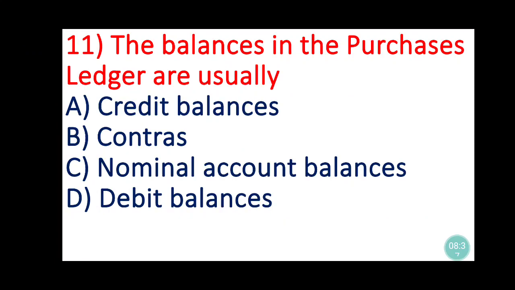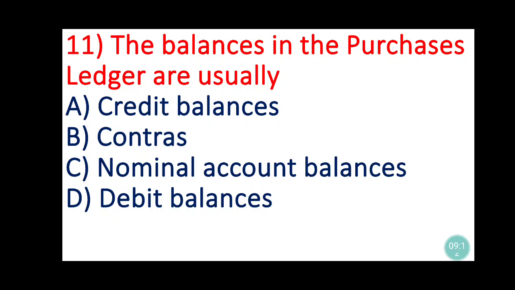11th, the balance in the purchase ledger are usually. See students, we saw credit purchases of goods are posted one by one to the credit side of each supplier's account in the purchase ledger. Suppose we are buying on credit from David. We write purchases, the amount and the date in the specific column, on the credit side of each supplier's account in the purchase ledger.